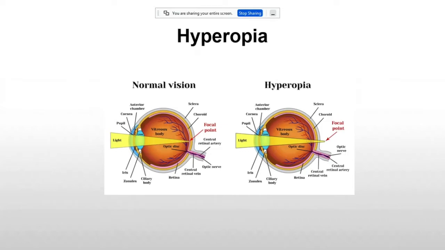And for example, if medical students have a test or some exams and a hyperopic student reads a lot, the result might be headache because of accommodative asthenopia.